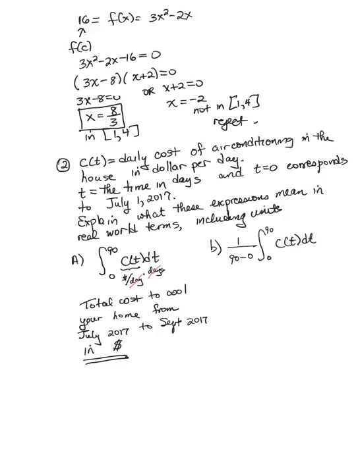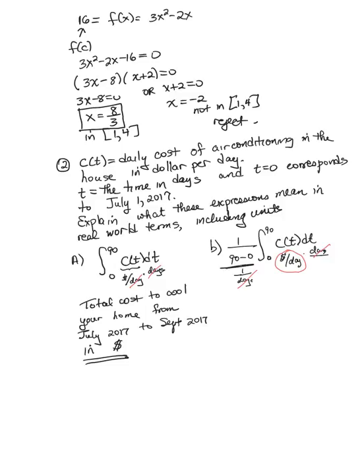Whereas in the second integral, this 1/90 changes it. Because if we have dollars per day times days, and then we multiply that by 1/days, these days and these days divide through, and we're left with dollars per day. So when we have average value, this is the average cost.